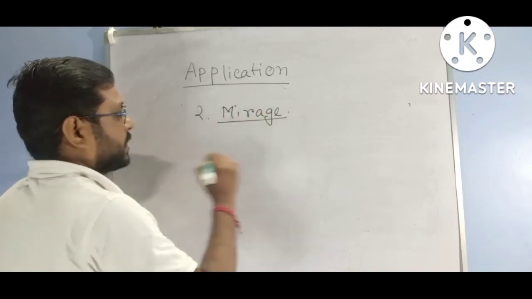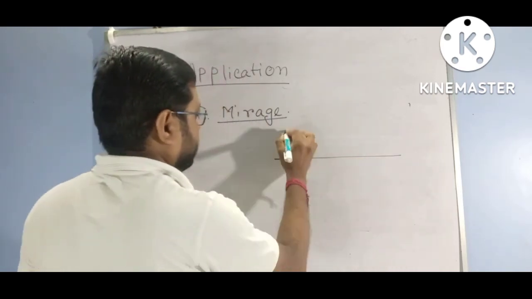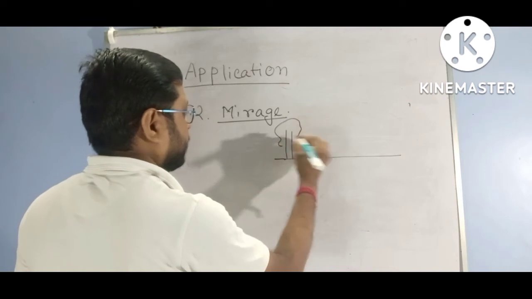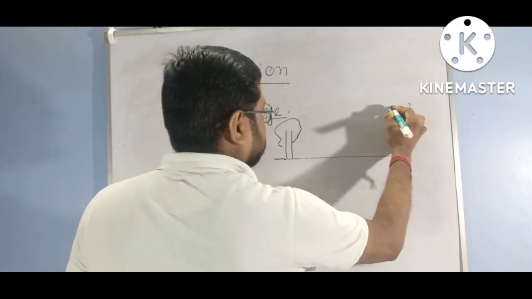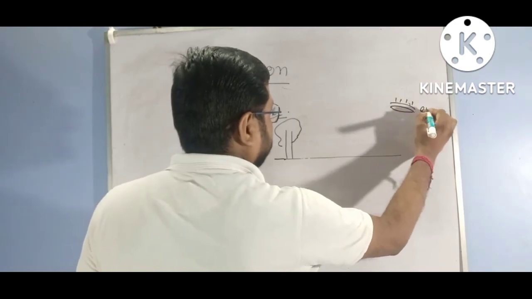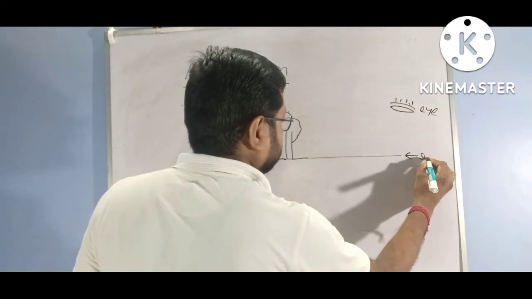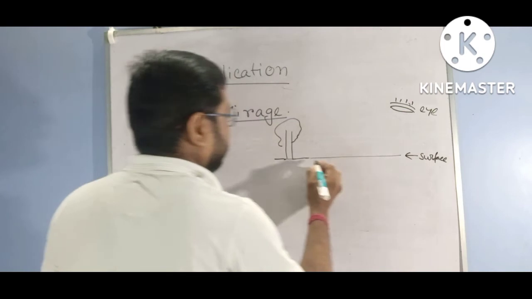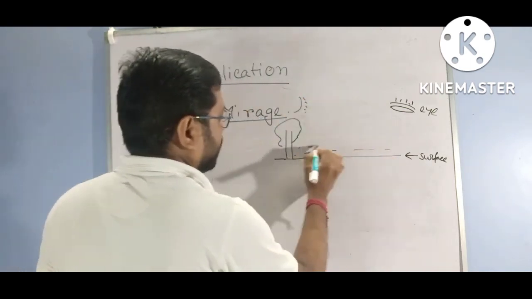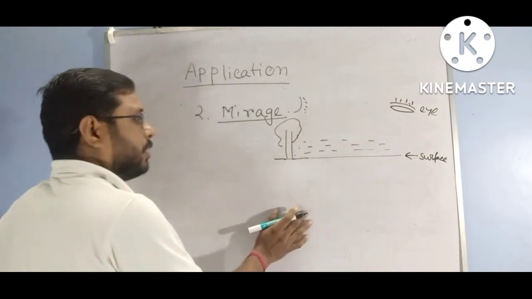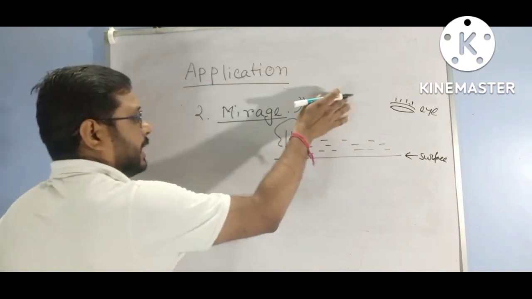When a ray from a tree reaches an observer's eye, if this is the earth surface, then in summertime the layer close to the earth surface becomes very hot relative to the air in the upper layer.